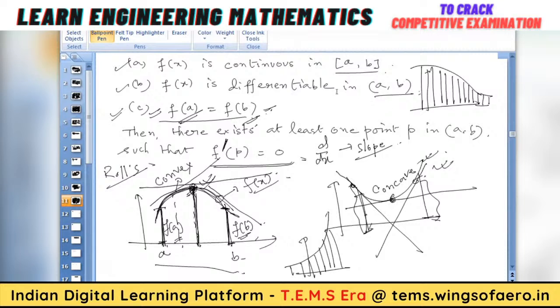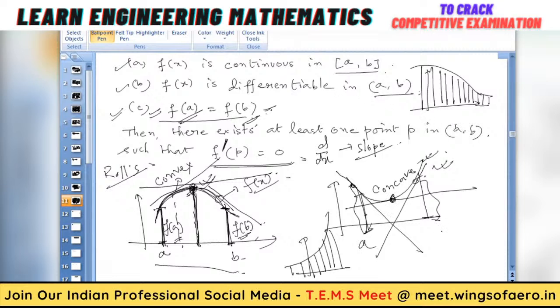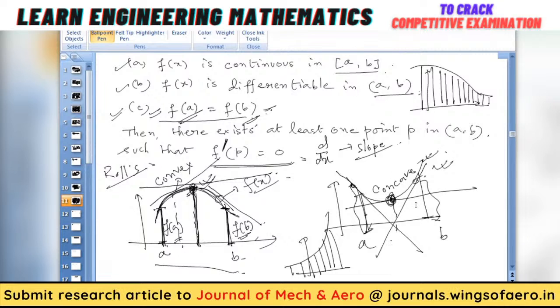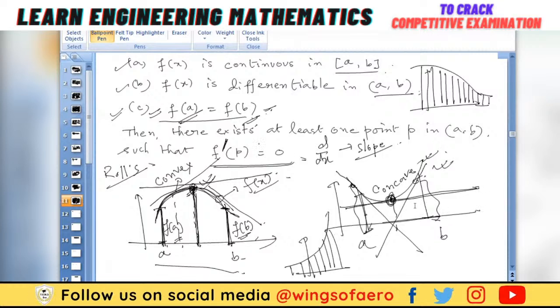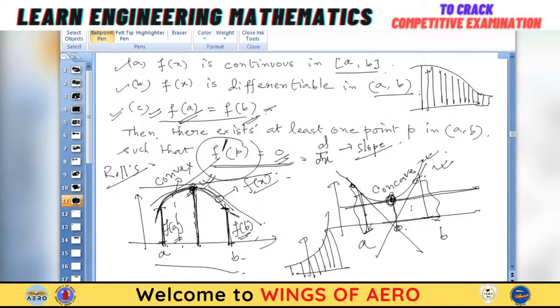So there is only a single point in between A and B, in this interval, where the tangent becomes parallel to the x-axis. And tangent parallel means the derivative will be equal to 0. Suppose this point is P. So this is the statement of Rolle's theorem.